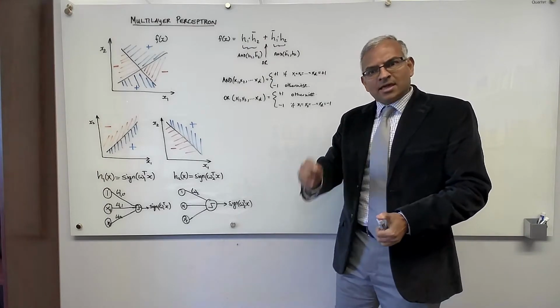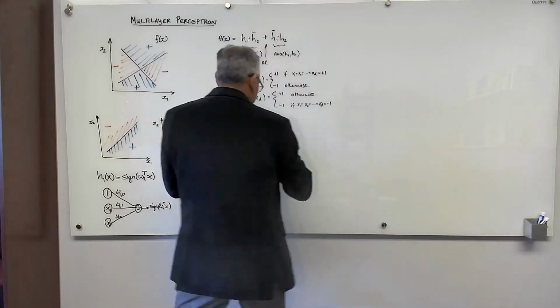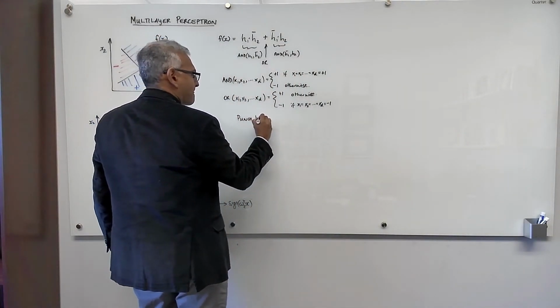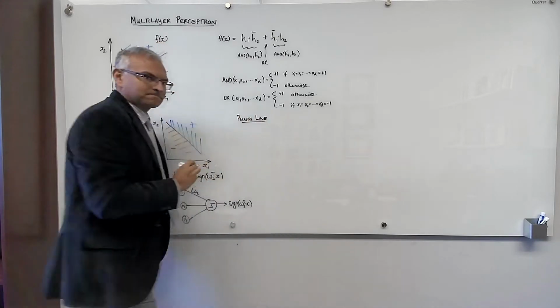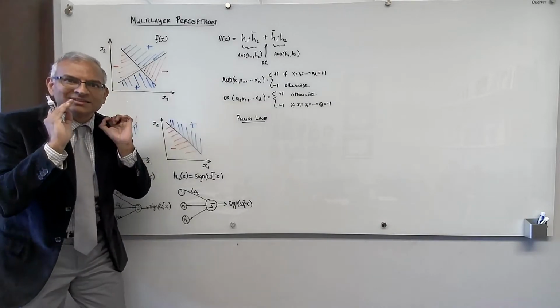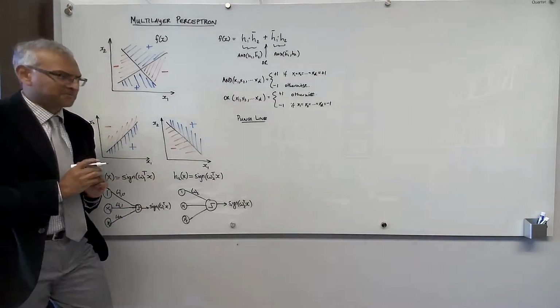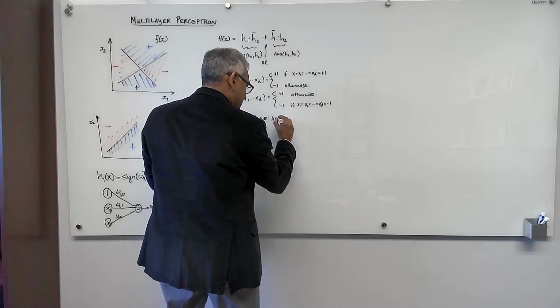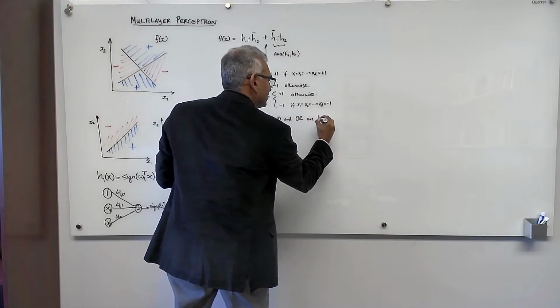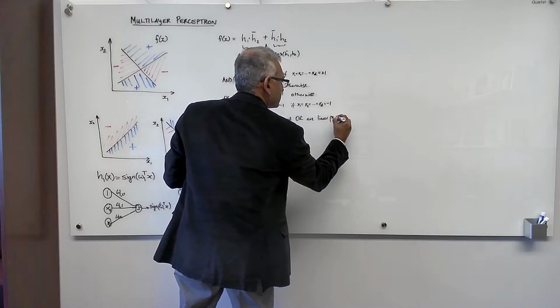Who cares? Okay, and here's the punchline. AND and OR are linear perceptrons.